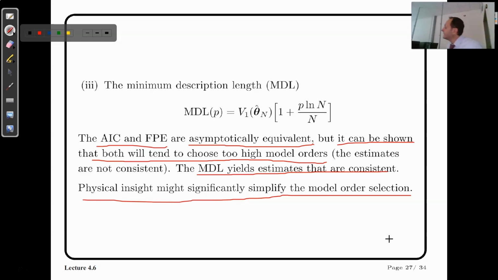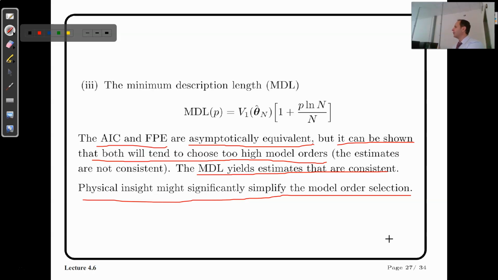So another way to get a suggestion on the model order can derive from the physics. Physical insight means that you should understand the physics behind your process. For example, you know that the data are generated by, I don't know, a DC motor.